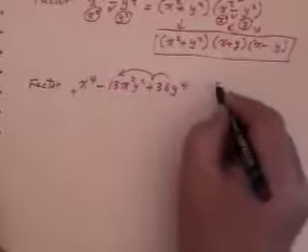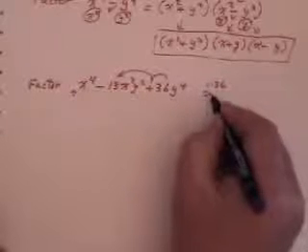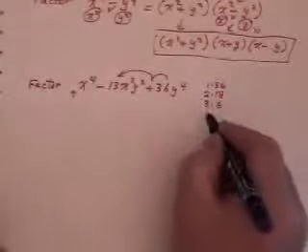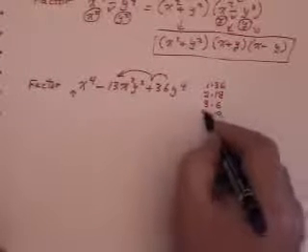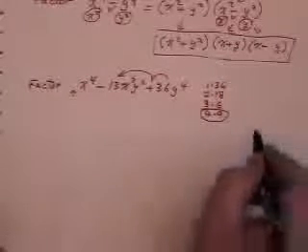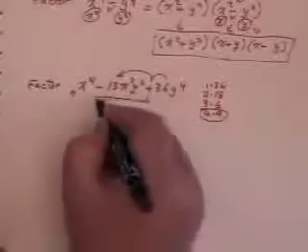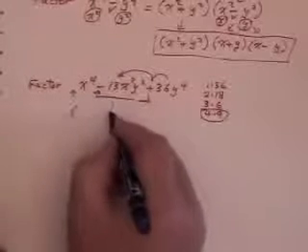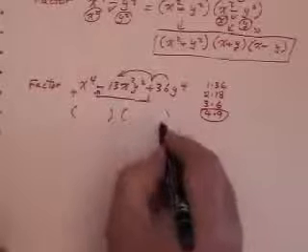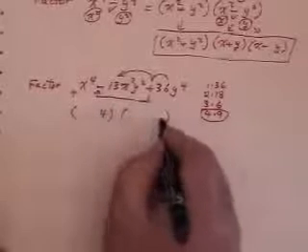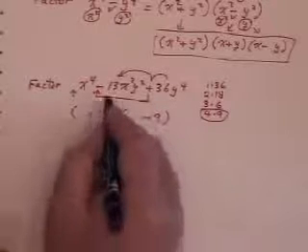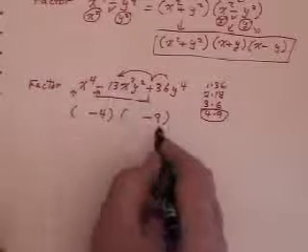So if I look at things that multiply to make 36, I get 2 times 18, 3 times 6, 4 times 9, and these are the guys that add up to 13. Okay, both signs are the same. So I would put down a 4 and a 9, and both signs have to be negative in order to give me negative 13.